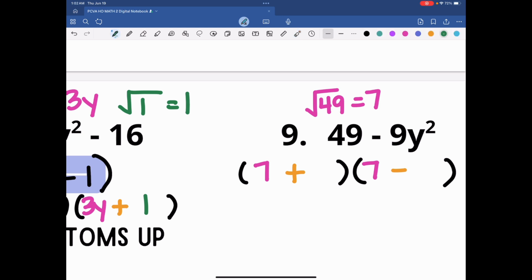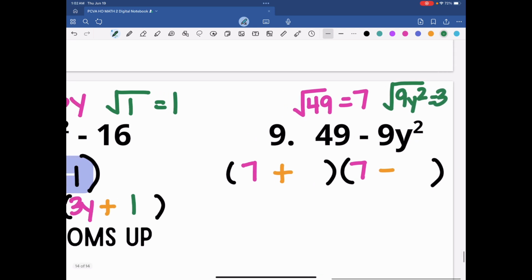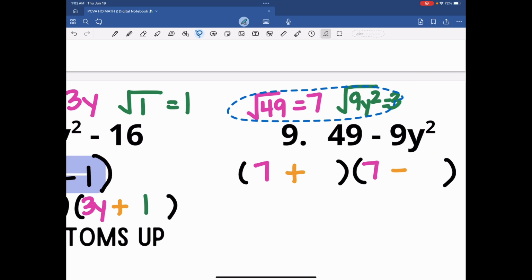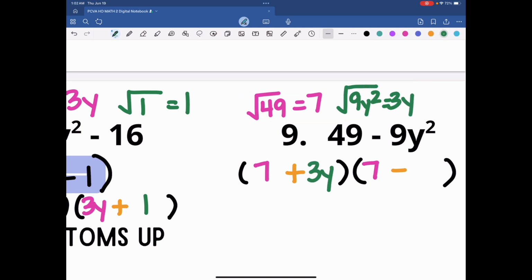All right, and then we're going to take the square root of 9y squared, which is going to be 3y. All right, so once I do that and I get 3y there, we're going to be able to put that into the second part of both parentheses. So we have 7 plus 3y times 7 minus 3y.